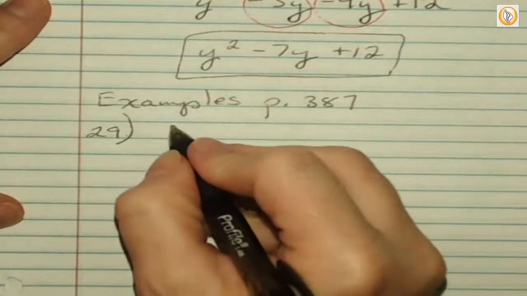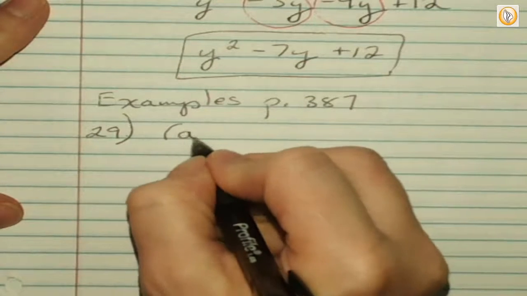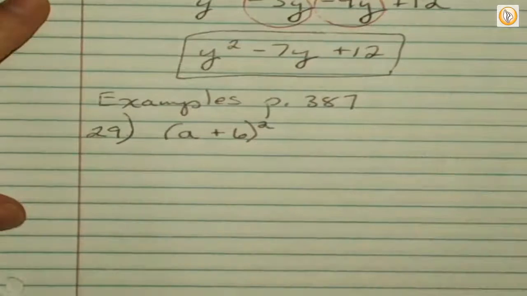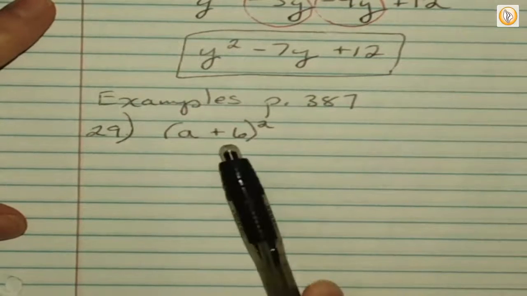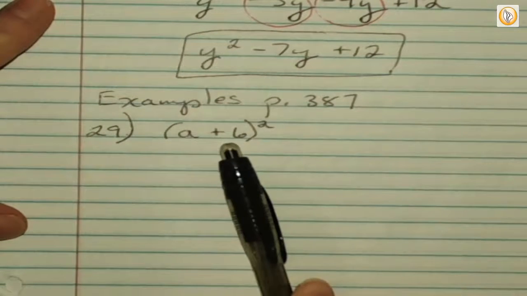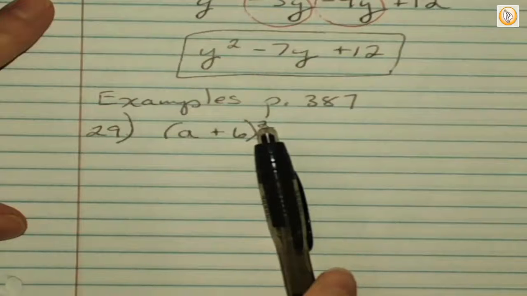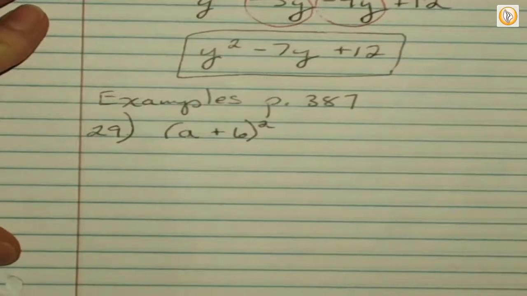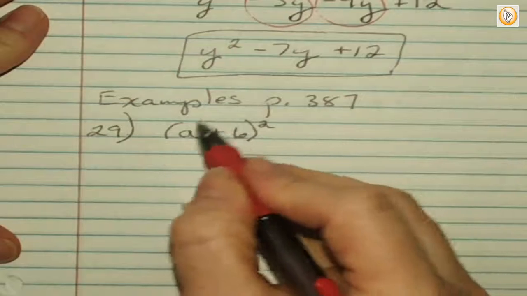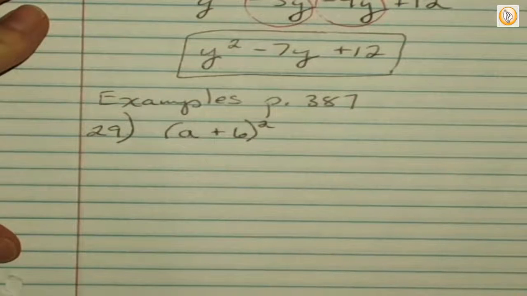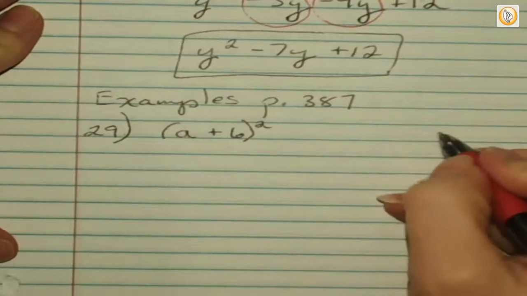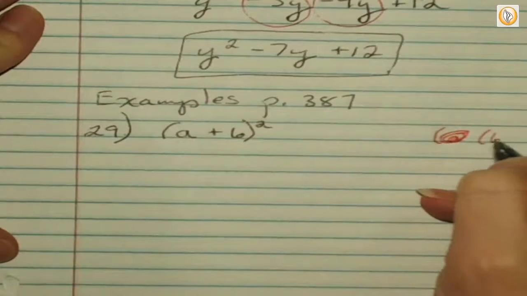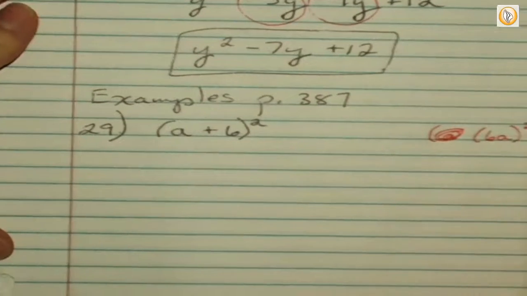All right, let's look at number 29. Yep, we're jumping all the way to 29. Now, don't freak out, y'all. Here's the thing: a plus 6 squared. I told y'all that you just apply it to the things on the inside. However, that's when you have, let's say, 6a squared.